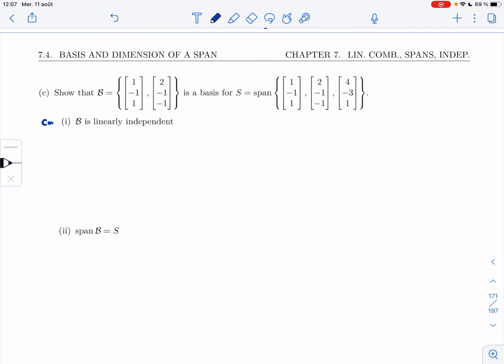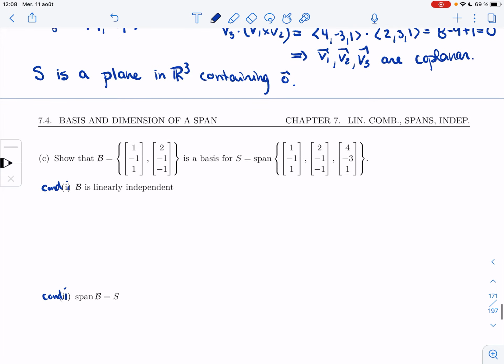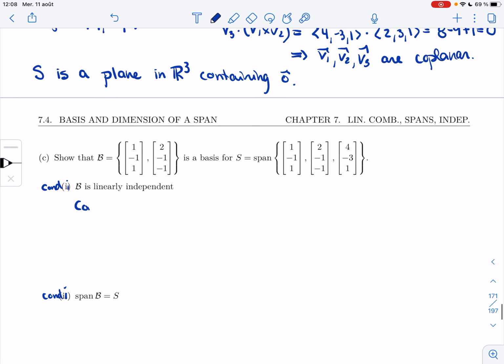I'm actually going to start with condition 2. And then I'm going to do condition 1, just because condition 2 is in this case a bit faster, and it shows you why we got rid of that extra vector. All right, so now I want to consider A1 V1 plus A2 V2. They're the same vectors as before, so this one was V1, this one was V2, equals 0.